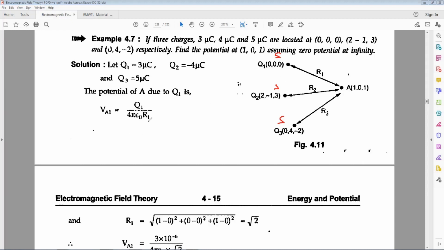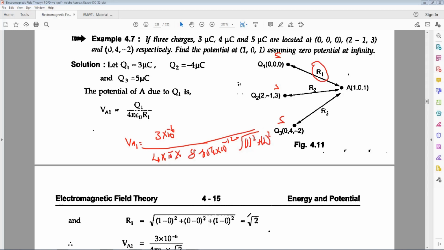To find the distance R, VA1 is equal to the first value, the charge, 3 into 10 to the power of minus 6, and 4 pi epsilon naught, which is 8.854 into 10 to the power of minus 12, and R1, the distance, is the square root of 1 minus 0 whole square, 1 square, and 0 minus 0, and 1 minus 0 whole square is 1 square.